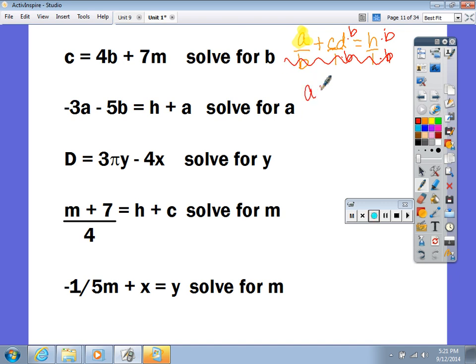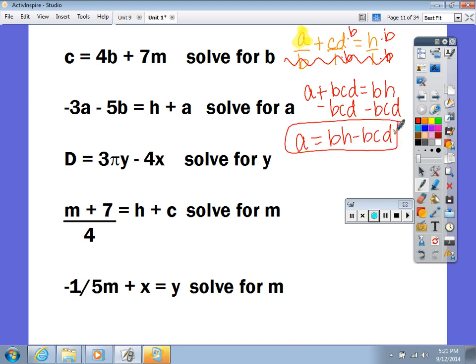So you're going to have A plus. Now whenever you go to write this though, they normally like it to be in alphabetical order. So B, C, D equals B, H. And then what would you do just to get rid of it? Just move over B, C, D. So your final answer would be BH minus BCD. Okay? And that should actually take you to what we did the first 2 weeks in school.